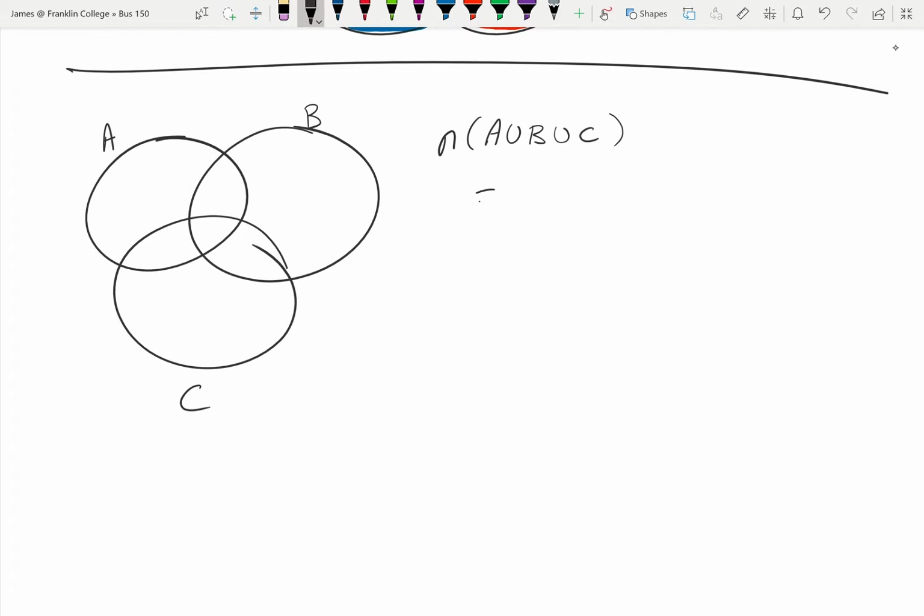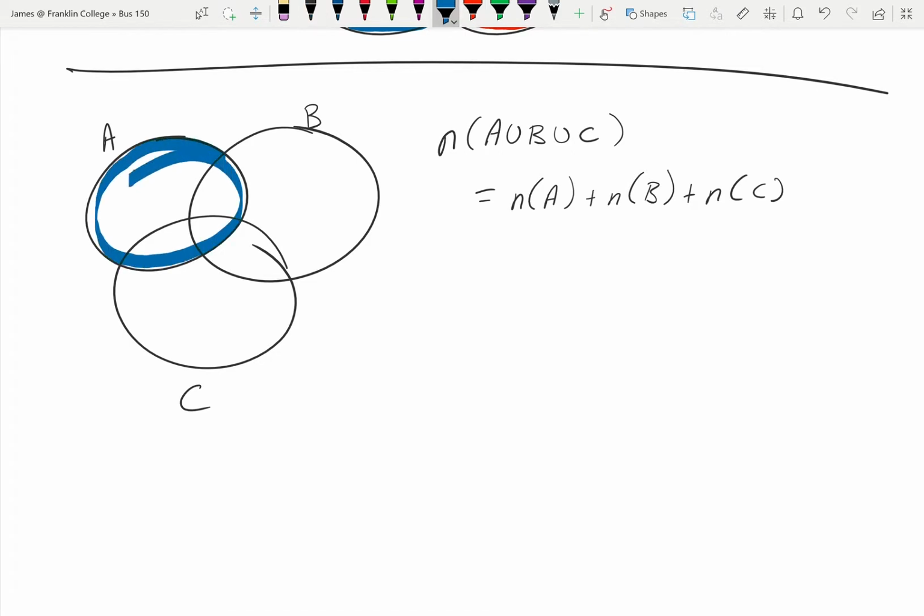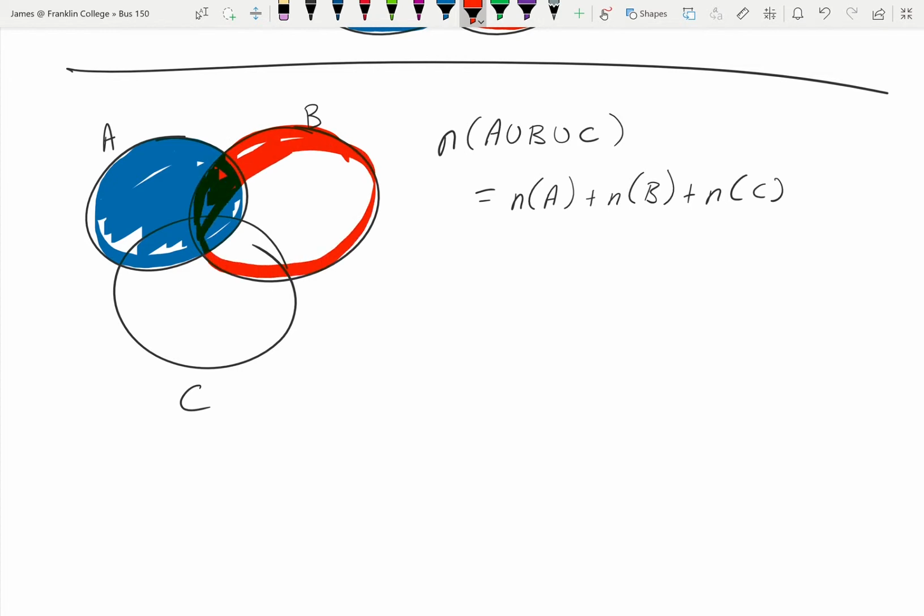Well, that's just going to equal the number that's in A plus the number that's in B plus the number that's in C. So what we have done is that we have added this region. We have added this region. And we will add this region right here.